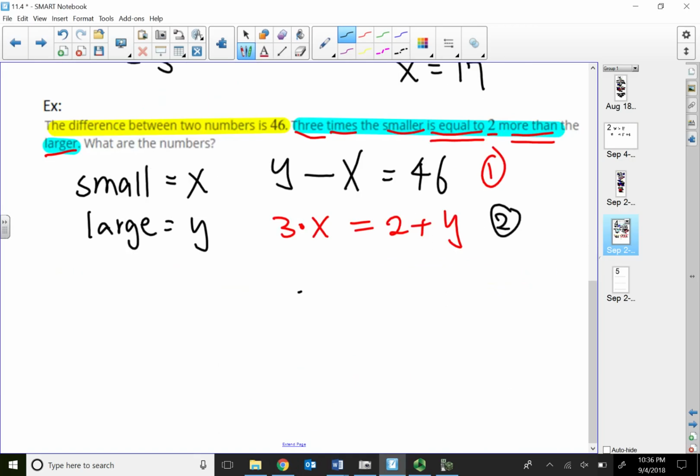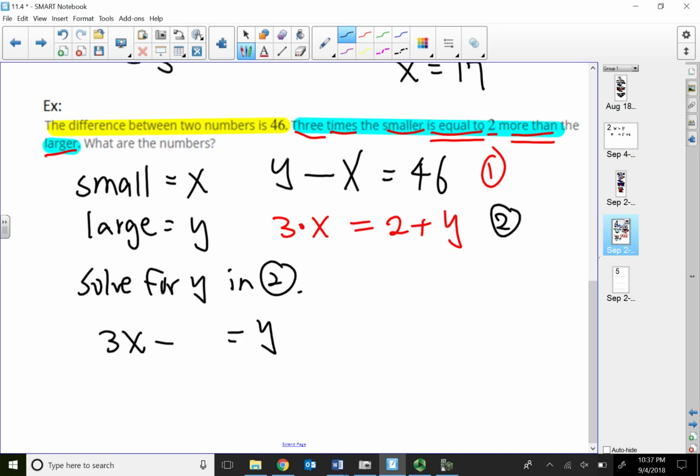So now I'm going to solve for y in the second one this time, because I can pick any one of the variables that has coefficient 1. Solve for y in the second equation. To get this y by itself, move my positive 2 over. So y is equal to 3x minus 2. Call this the second equation prime.